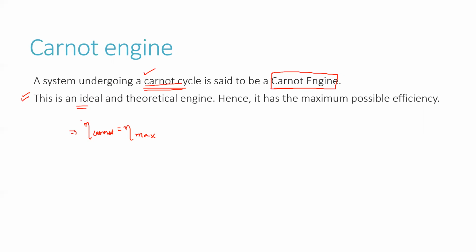If a particular engine claims an efficiency that is more than what you get from a Carnot engine, then that claim is wrong. Suppose some manufacturer claims that the efficiency is 75% and the Carnot efficiency you're getting is 60%, then this claim is going to be wrong.